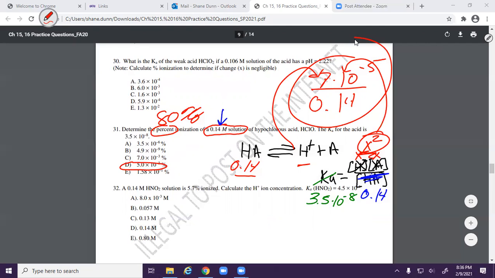Okay. Apparently, but the answer is D. So that's weird. Yeah. The answer should be D. I don't know why I got 2.4. I gotta check my math on that later, but I know the answer is D. Okay.